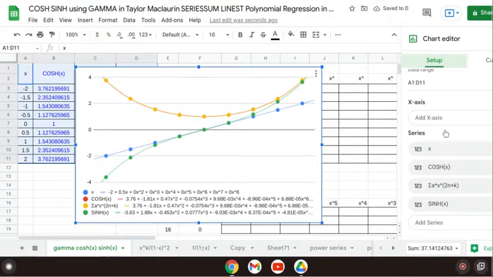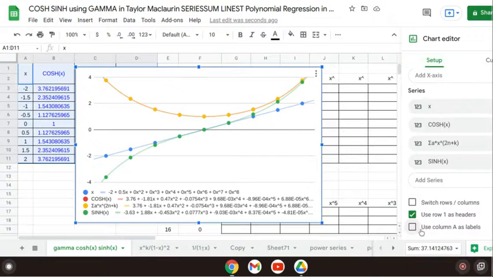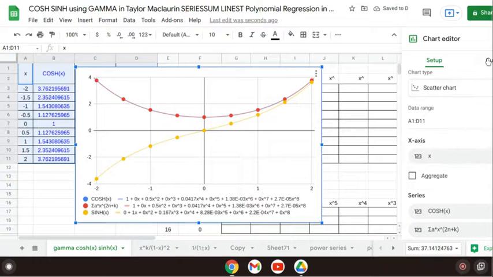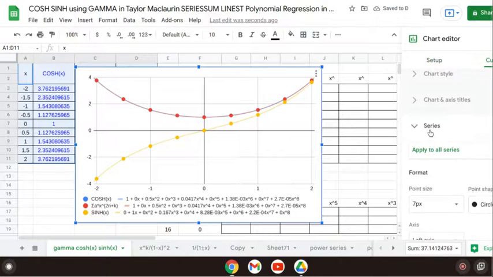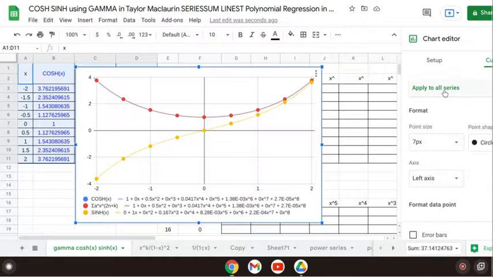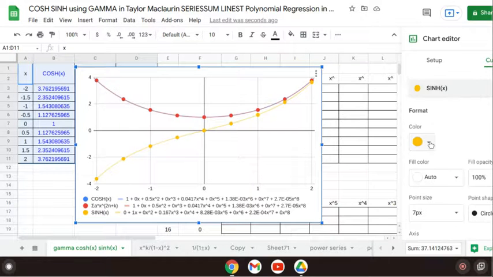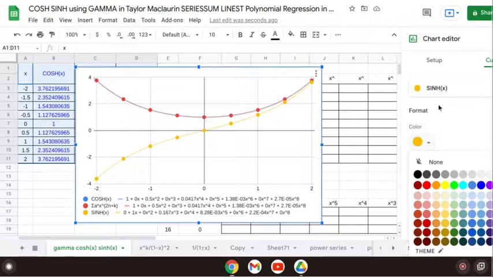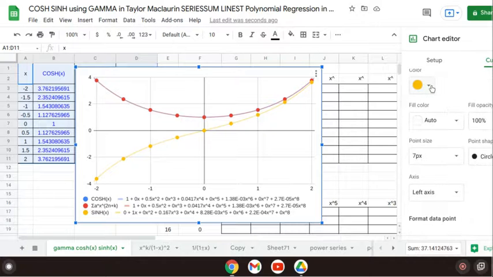Going back to the setup, column A is label. Now to customize for the series, we don't have a yellow. So change that to green. Change this to green.